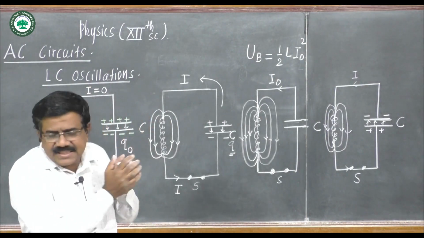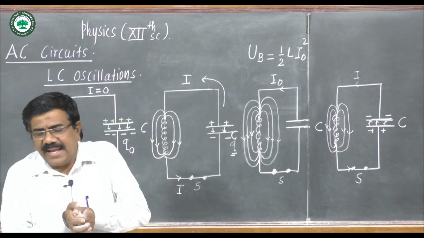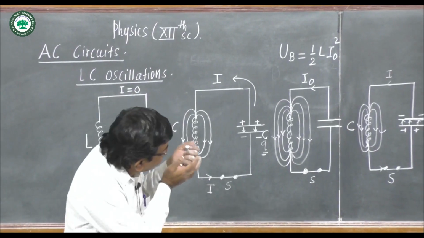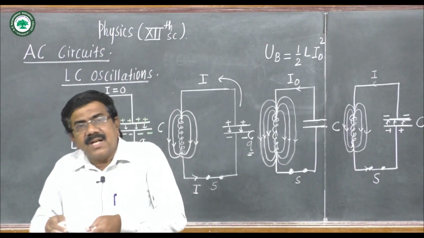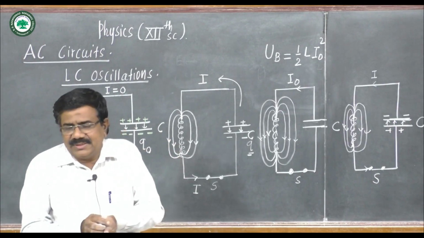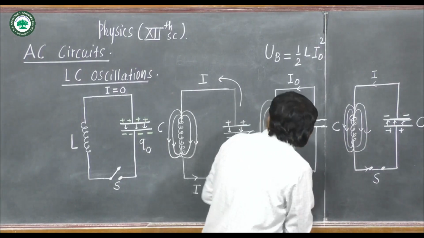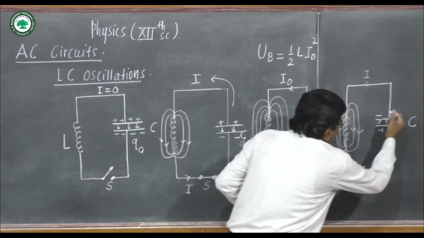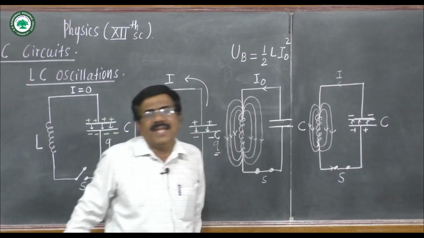When it is completely discharged, what happens? The magnetic flux phi with the inductor decreases, inducing the current in the same direction as the earlier current, but the current persists with decreasing magnitude, and it charges the capacitor in the opposite direction. See here there is positive polarity and negative polarity.